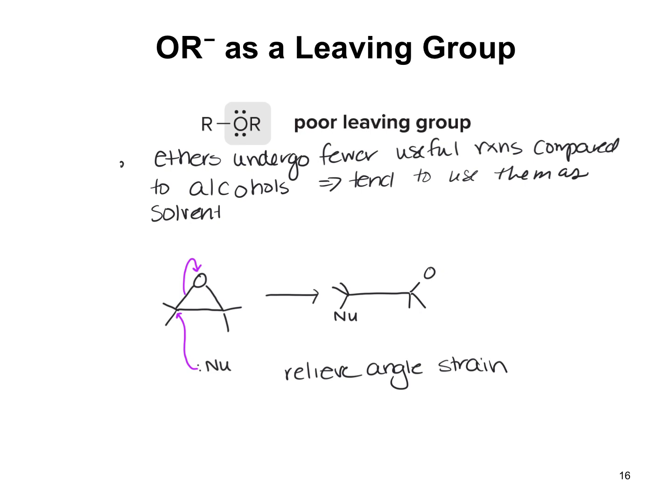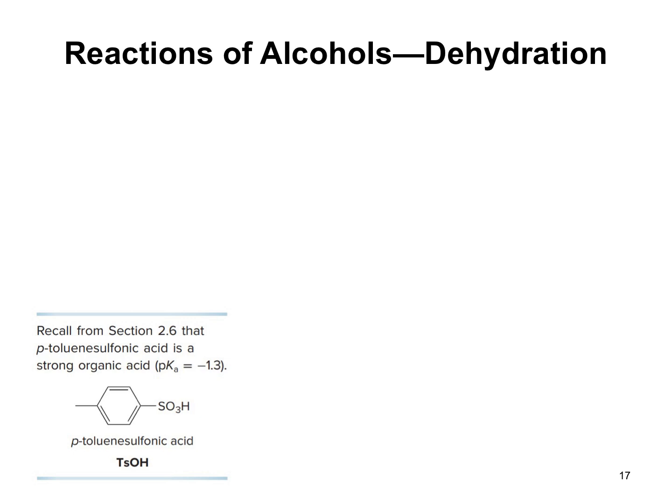Now, alcohols can undergo a dehydration reaction to form alkenes. And when we talk about this, one of the types of reactions that alcohols can undergo is dehydration. And dehydration is really similar to dehalogenation.